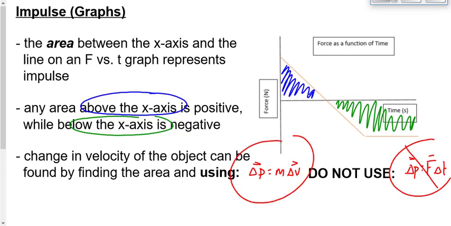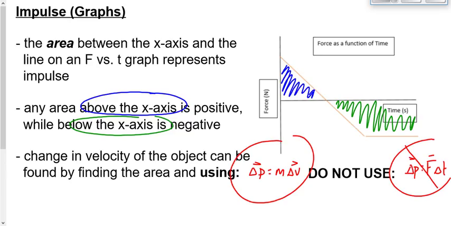Now, technically, when we use that equation, delta p is equal to F times t, that force means either a constant value of force, which we clearly don't have here, or an average force. We do have an average force here, right? But what is it? Like, what is the value of the average force there? Okay, it is not worth your time to try to use F times delta t, even though it's technically valid.